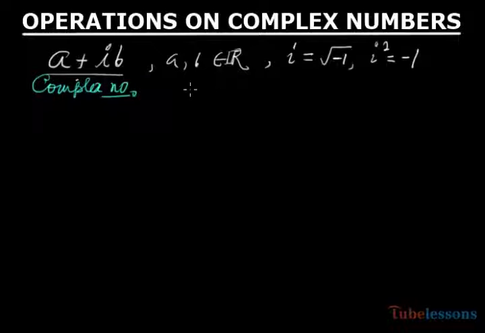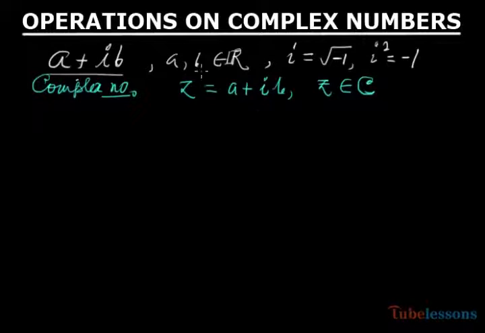Any complex number we denote as z, where z is equal to a plus ib, and z belongs to the set of complex numbers, capital C.